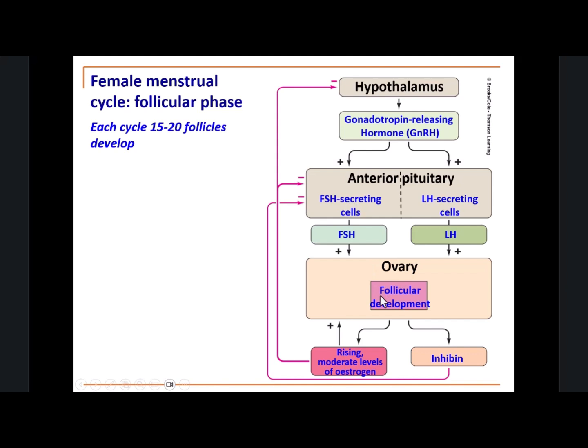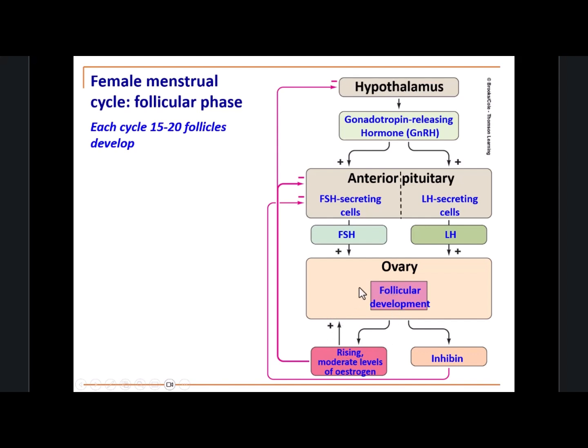At the same time, this follicle as it's developing is producing estrogen. At moderate estrogen levels, that estrogen has a positive feedback effect on the follicle. So as the follicle develops, it produces estrogen, the estrogen goes back to the follicle and helps its development, and you get this positive feedback loop occurring the whole time.